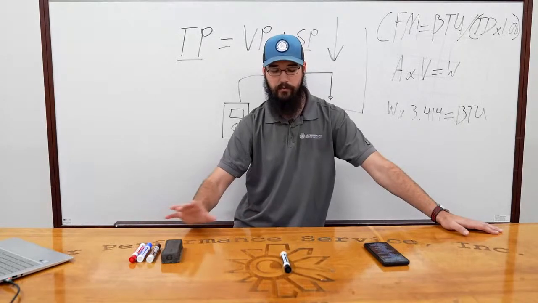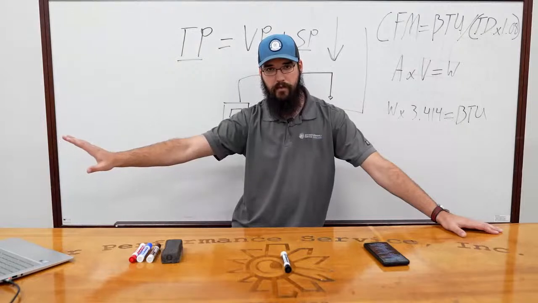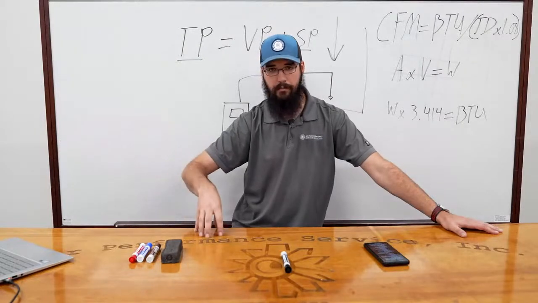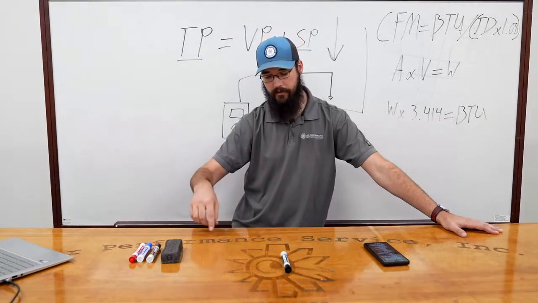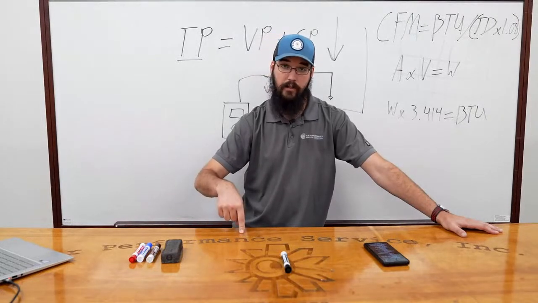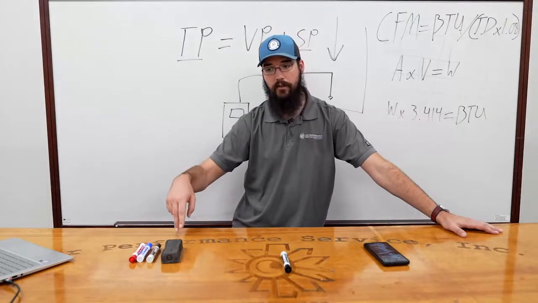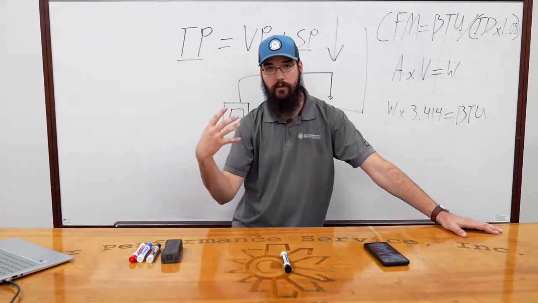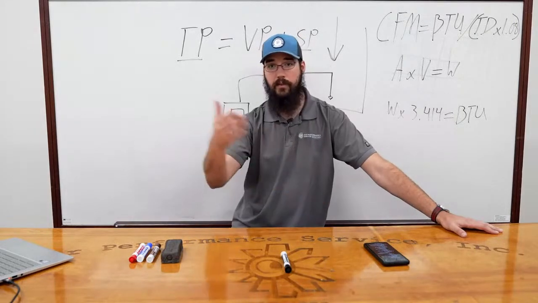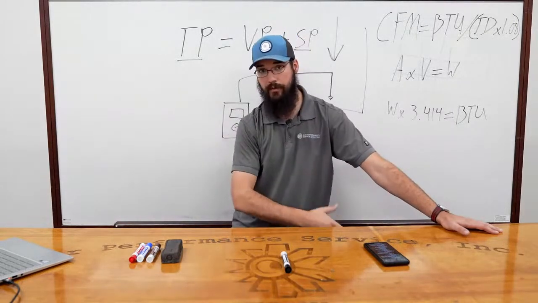Leave the rest of the psychrometrics out of it, in my opinion, because we overcomplicate it. So let's break it down to the nuts and bolts of what you're going to use on a daily basis. That is relative humidity, and that is your dry bulb. Relative humidity is, in my opinion, once you get comfortable with it, pretty straightforward. Is it 50%, 60%, 80%, 2%?